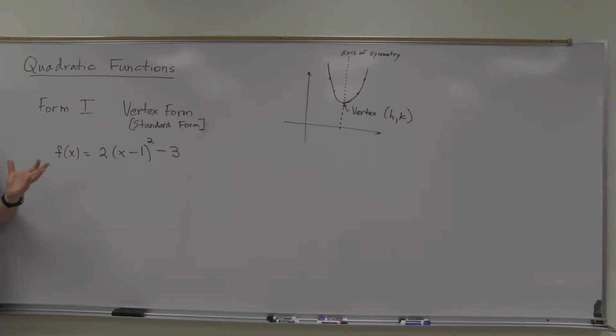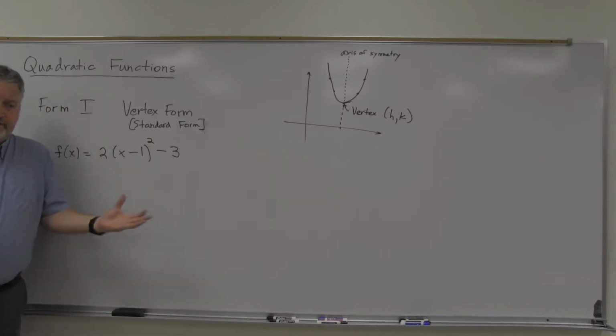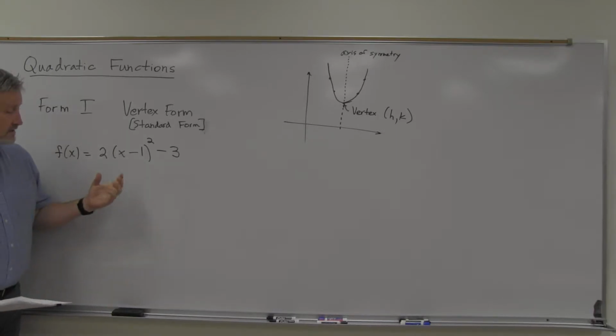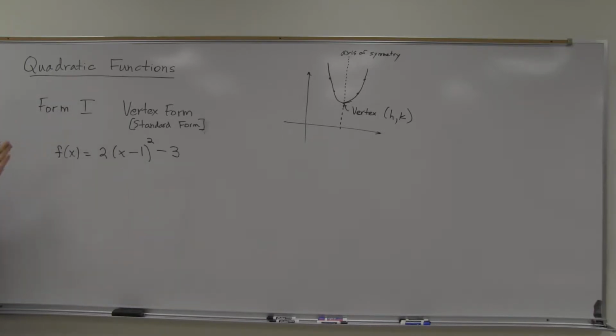Now, we know a lot already about this, don't we? Because the way we approached it, we didn't really call it any certain type of form, but we recognize it's the x squared graph that's been shifted, transformed several different ways.